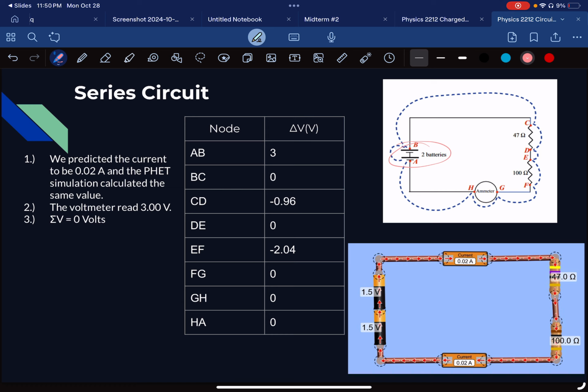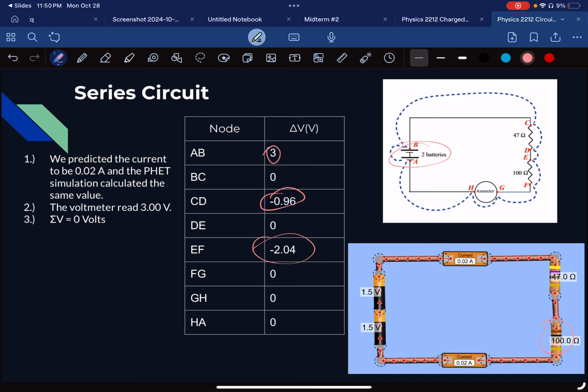Between the batteries, we have a positive 3, and then we have negative 0.96 between the beginning and end of the first resistor, and negative 2.04 volts of a difference in electric potential from our E and F point, which is the beginning and end of our second resistor.